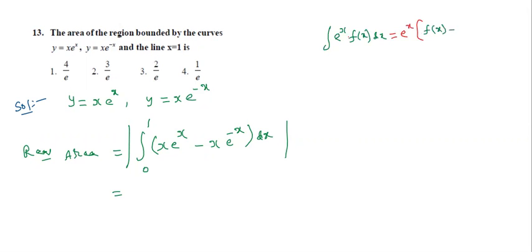F of x minus f dash of x plus f double dash of x minus f triple dash of x, triple dash means third derivative, and so on, plus c. This is the formula. So apply here: e power x into x minus the derivative of x, 1. So what is the limit?